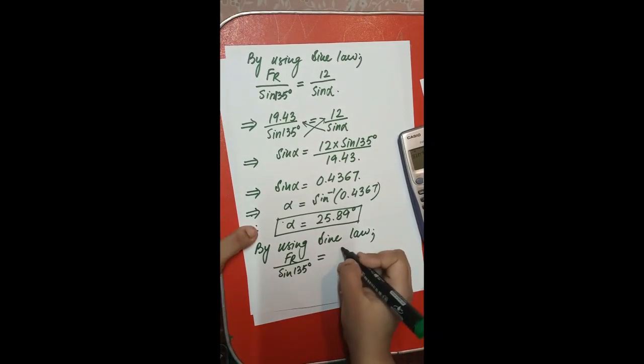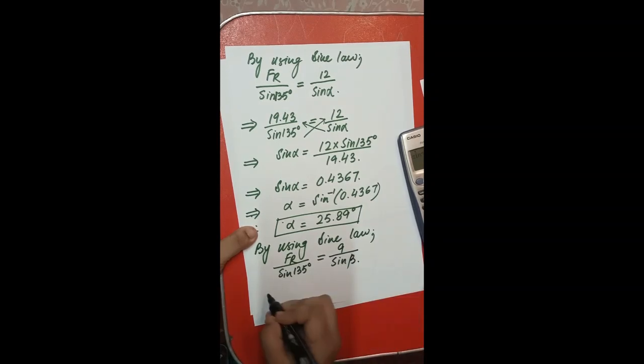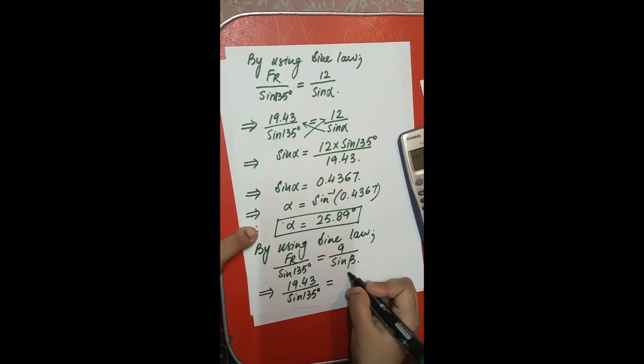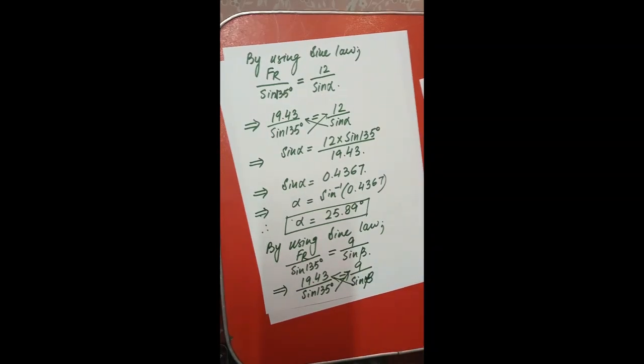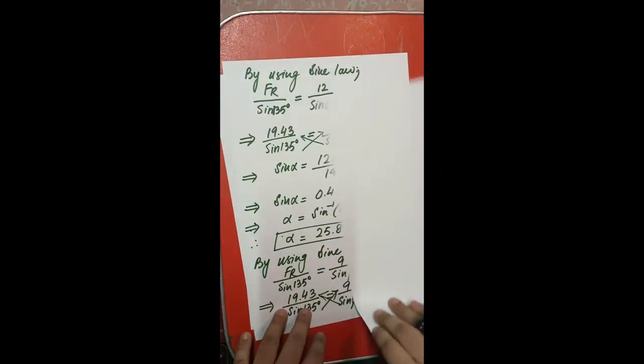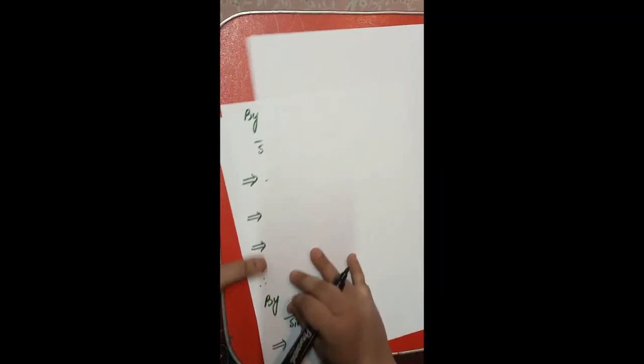So it's 9 kilometer divided by sine of beta. So Fr is 19.43 and sine 135 degree is equals to 9 upon sine beta. So now you have to do cross multiplication again, and you will get the value of sine beta in this way. So we will get the value of beta.